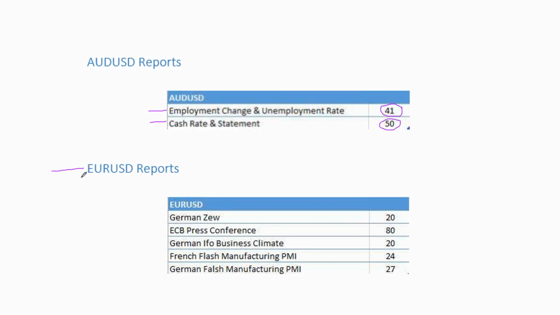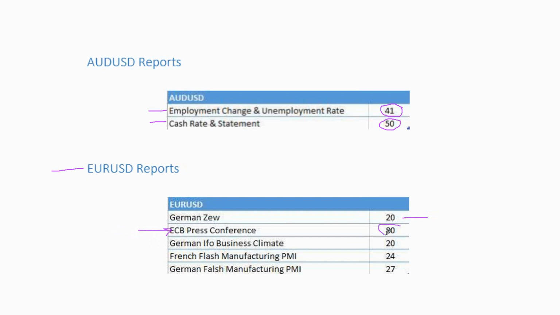Now on the euro, you have the German ZEW, which moves 20 pips. This is something that most people don't know. They actually try to trade the rate announcement, but the actual move on the euro comes at the press conference, not the rate announcement.